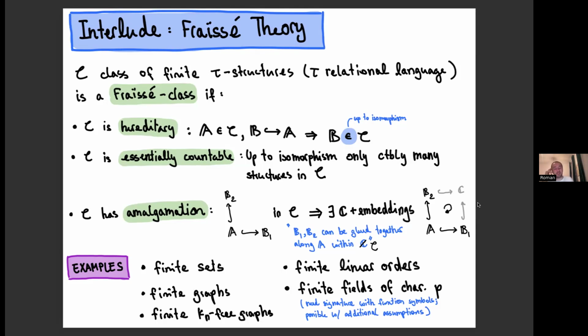Then also the class of finite Kn-free graphs, Kn being the complete graph on n vertices, is a Fraïssé class. Also a very famous example, finite linear orders, and also all finite fields of some characteristic p. Those will all be Fraïssé classes.